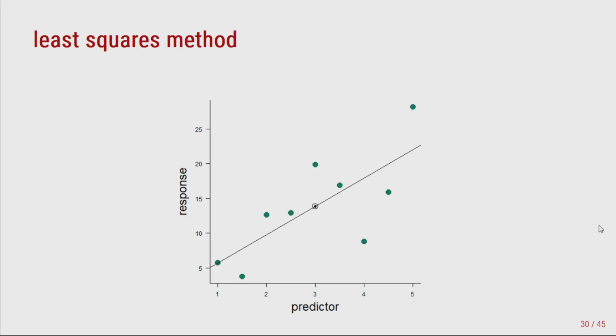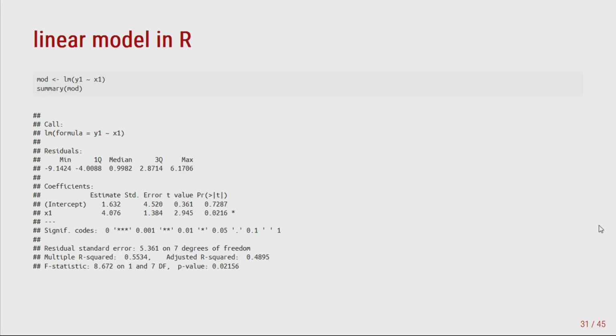And I will finally find a curve. This is the curve crossing the fulcrum point that has the closest distance from all the data that we have. So this is how the least squares method works to estimate the parameters, and this is how the lm function in R works.